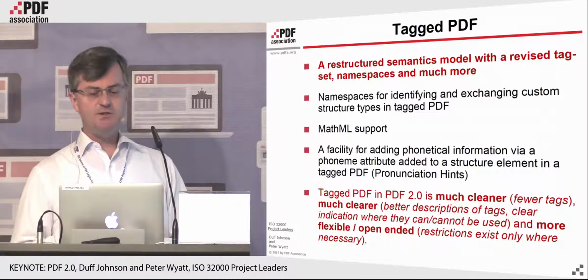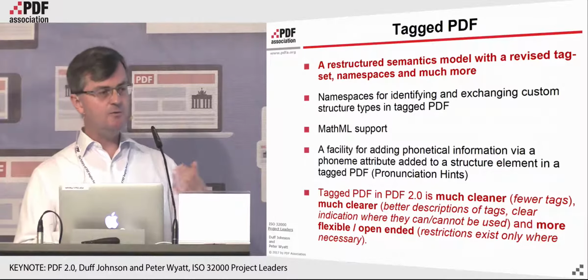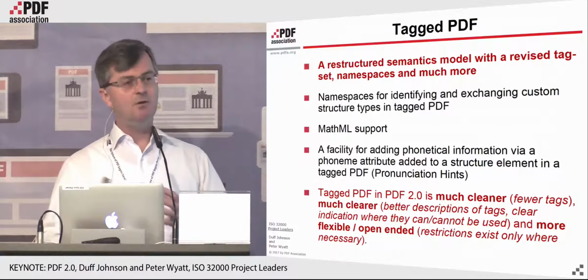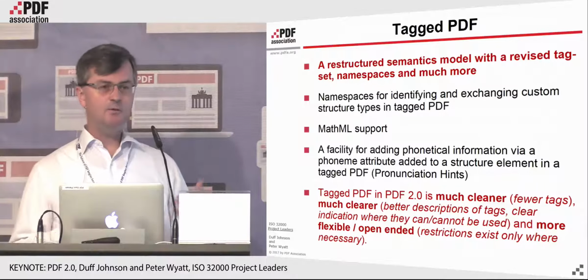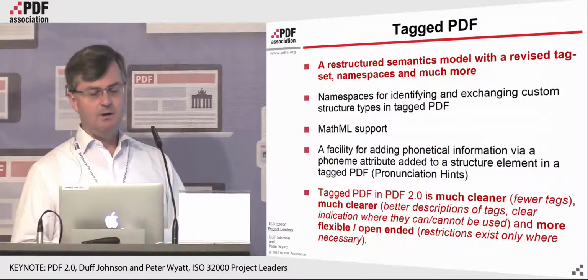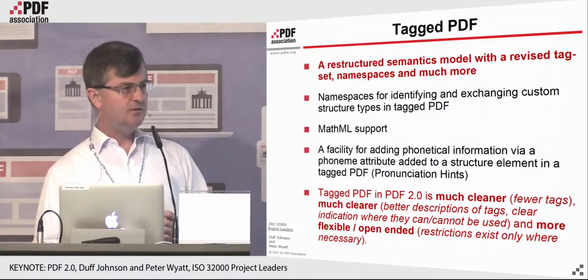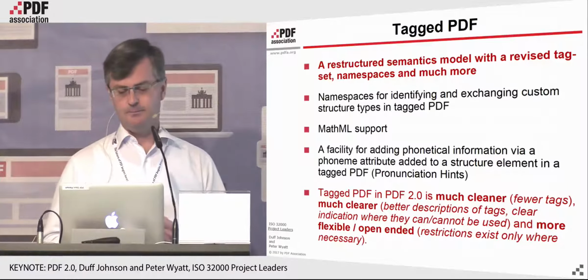We use namespaces for identifying and exchanging custom structure types in tagged PDF, and there were a few talks yesterday that explained how you can do that either with your own tag set or a tag set from another industry. MathML is a first-class citizen now of PDF in terms of namespace. And we've also added pronunciation hints into the spec to assist those read-aloud technologies.